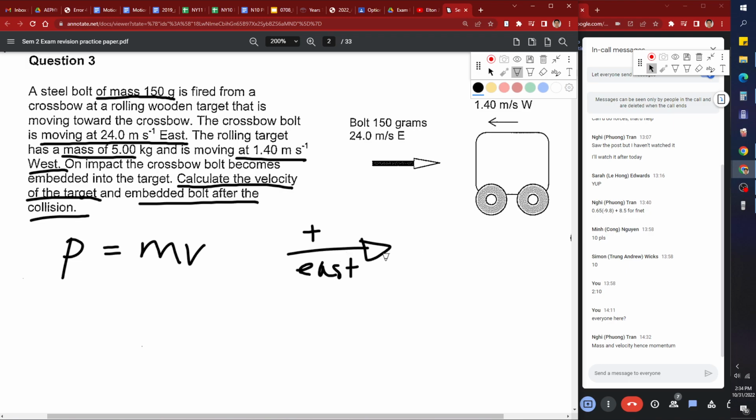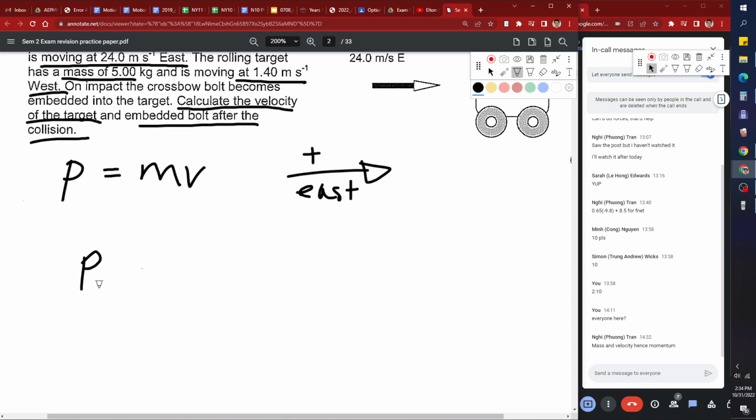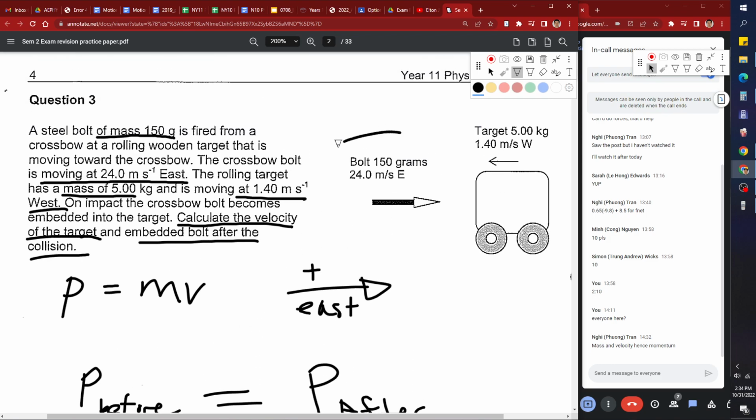And let's take a look at the momentum of the individual ones before and after. So the total momentum is P before equals the momentum after the collision. Okay? And it's the total momentum. It's the momentum of this and the momentum of this.